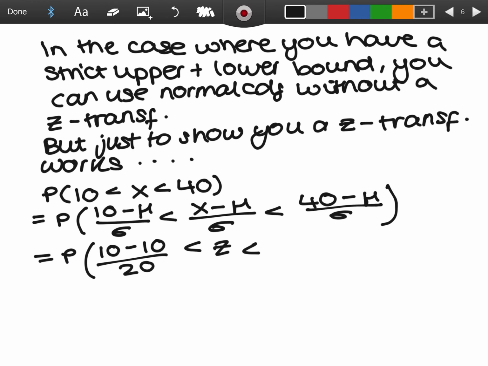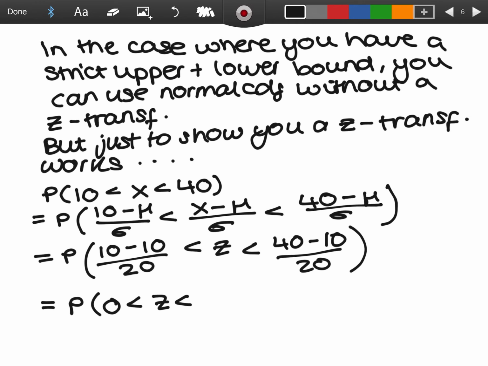Then 40 minus my mean of 10 divided by the standard deviation of 20 is going to be 40 minus 10 divided by 20. So this simplifies to the probability that z is between 0 and 40 minus 10, which is 30 divided by 20. That simplifies to 3 over 2, which is 1.5.